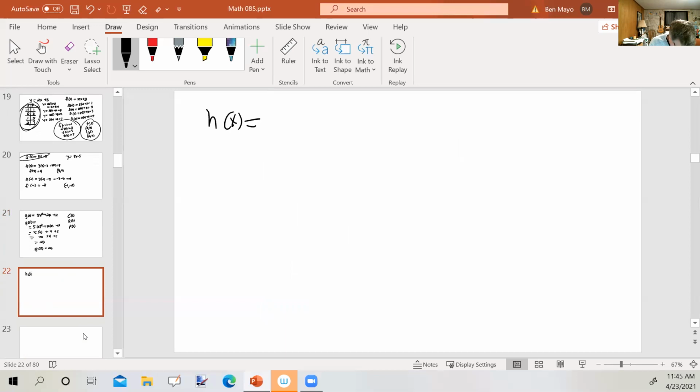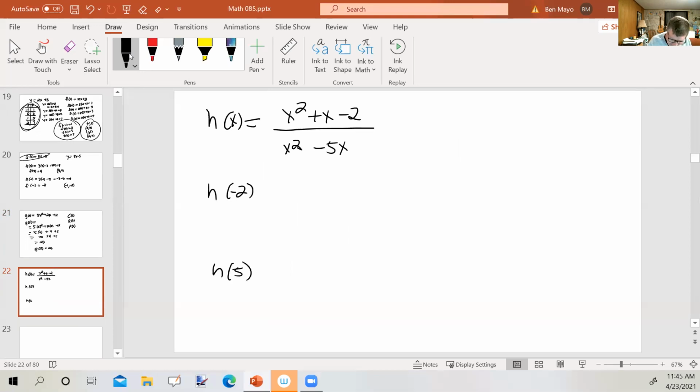h of x equals x squared plus x minus 2 divided by x squared minus 5x. And let's find h of -2 and then h of 5. So for h of -2, we're going to put -2 in the place of x everywhere it appears on the right side of the equal sign.